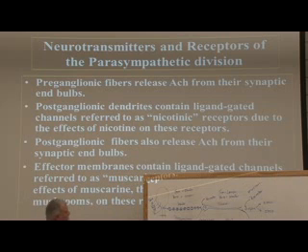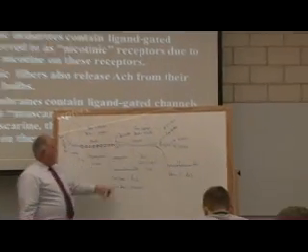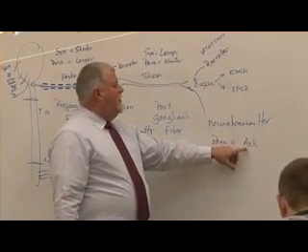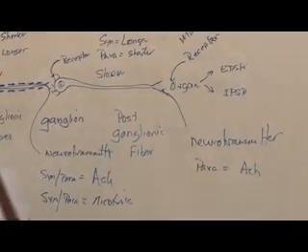All right? So now we've kind of got our pattern where we have acetylcholine being released here, binding with nicotinic receptor. And then over here we have acetylcholine being released and binding with muscarinic receptors.